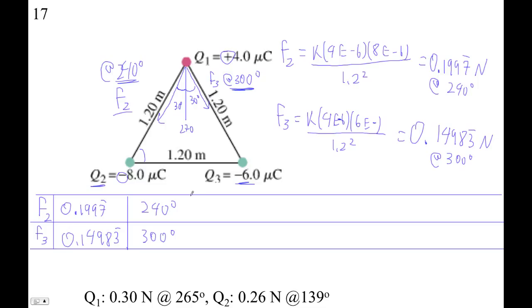Okay. And now what I want to do is find the x component. Let's find the x of each one. So I'm going to go alpha A, times cos 240, is negative 0.998 bar newtons.